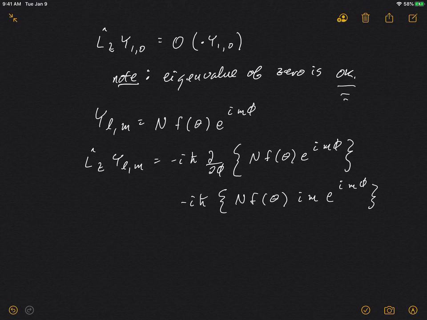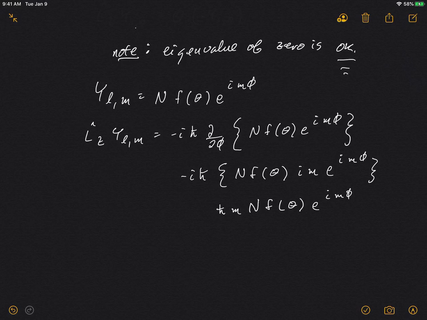Okay, and then we combine the minus i times i, which is just 1, and we get h bar, m, N f of theta e to the i m phi.